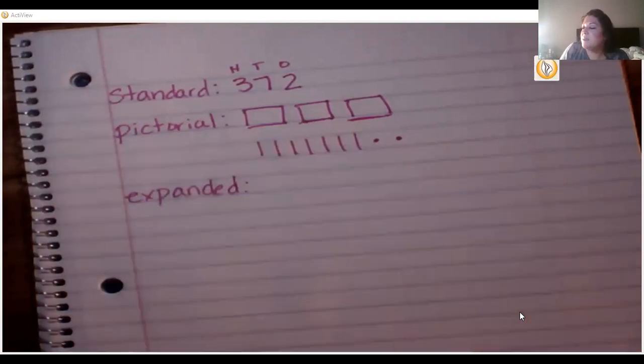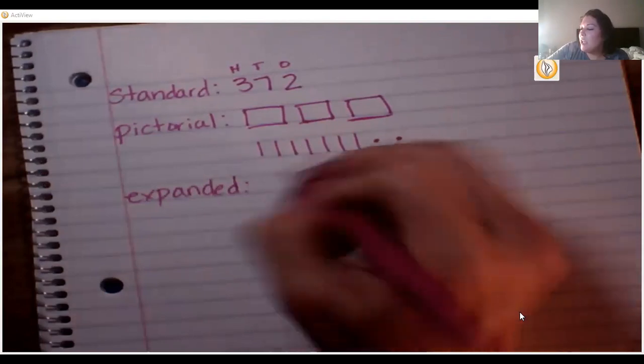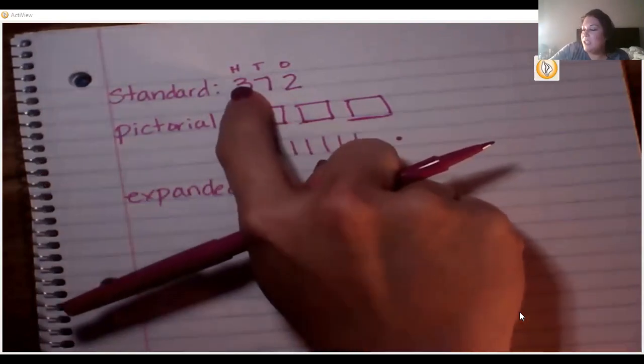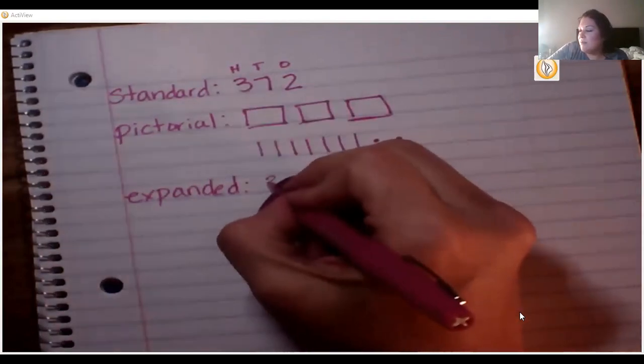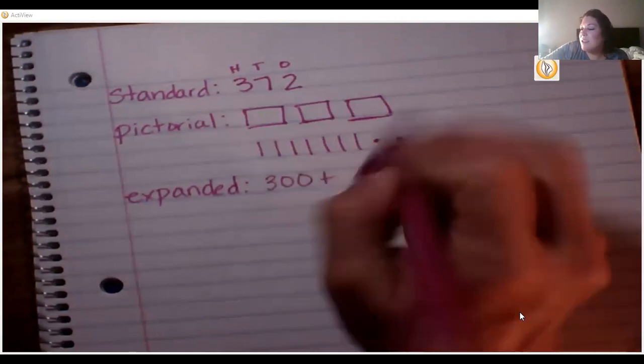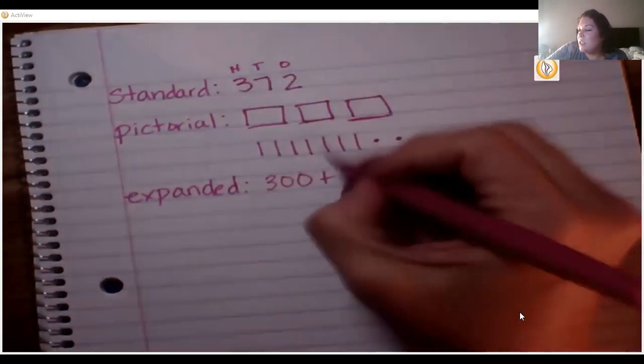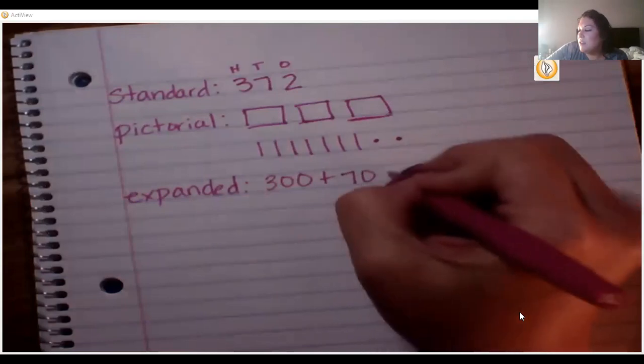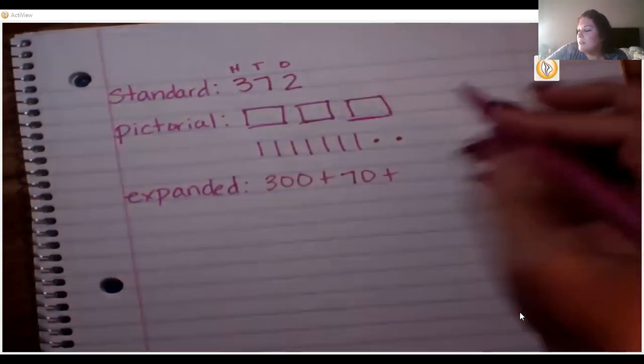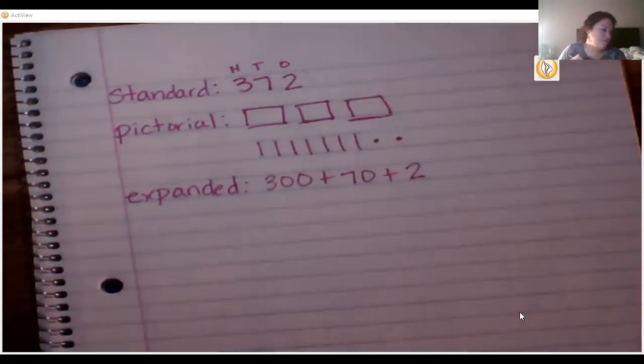And this number in expanded form would have, again, I use my chart to help me. It has 300, 7 tens, which is 70, and 2 ones, just a little bitty 2. And the last part we're going to do is word form.